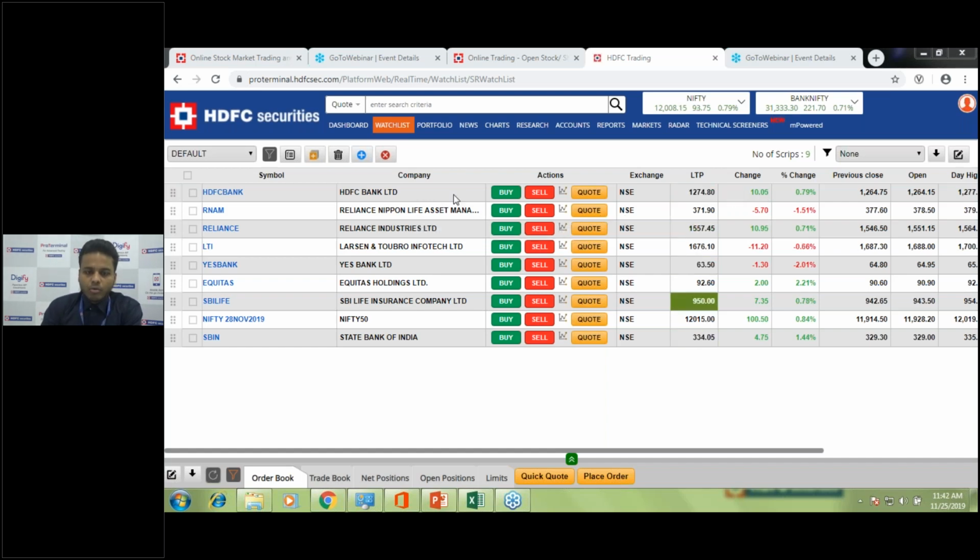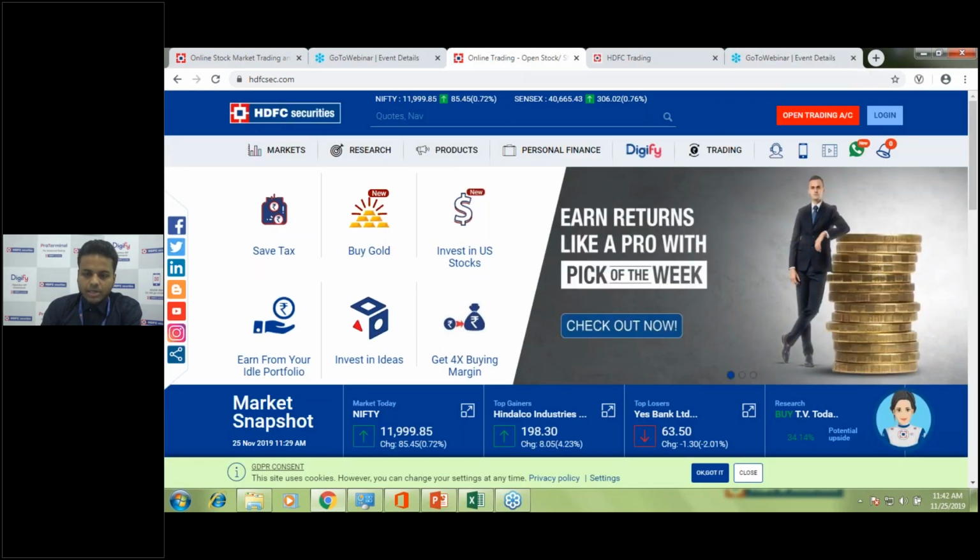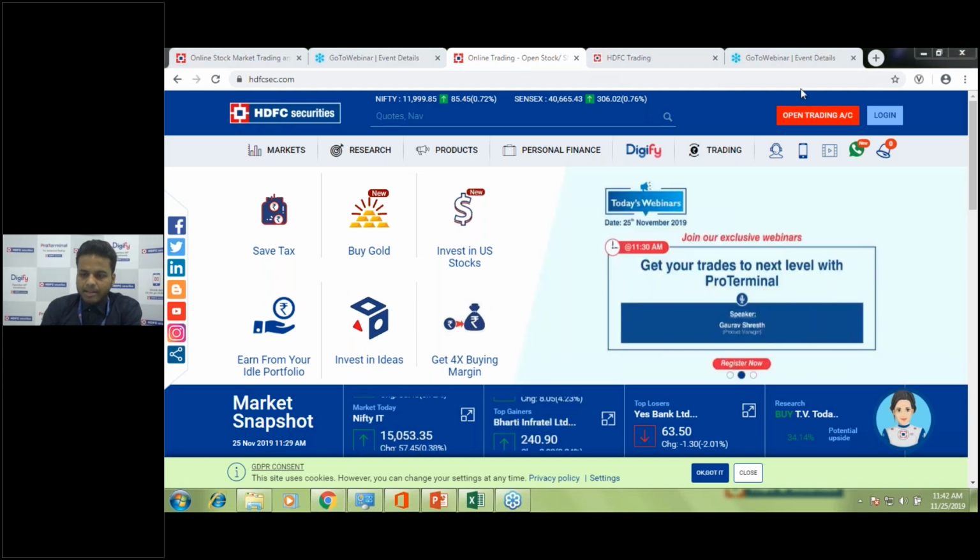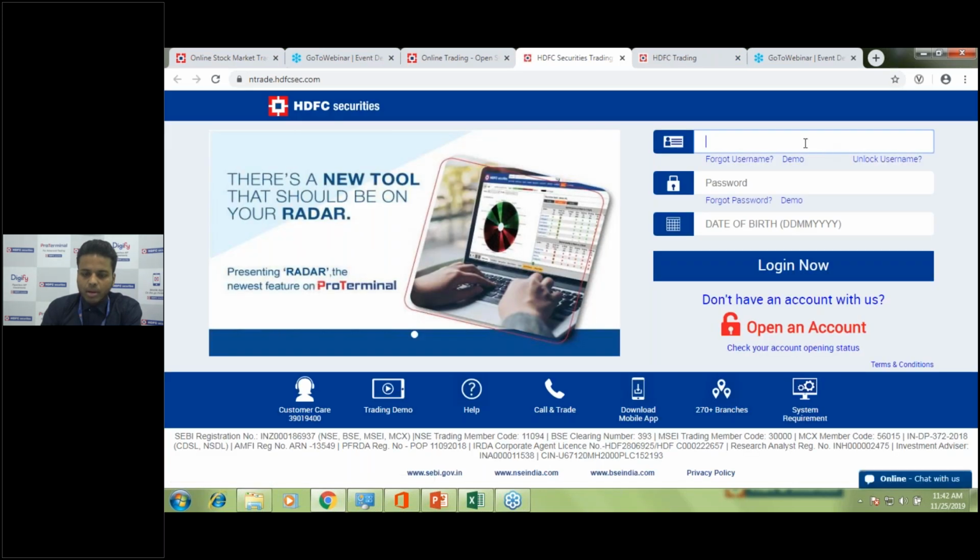But how to log in to ProTerminal? For that, you just have to go to our website, hdfcsecurities.com. In that, you have to click on the login button. Once you've clicked on it, you have to enter your username and password and click on login.